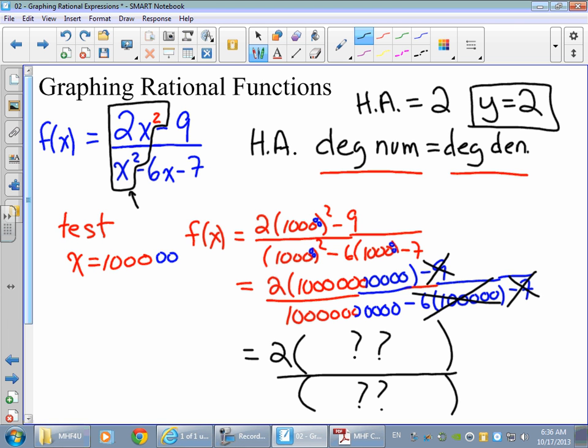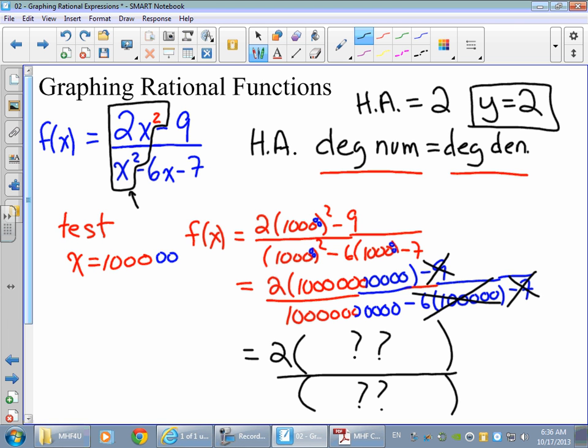Horizontal asymptote is only saying what happens as we get out to those extreme numbers. Vertical asymptote is not the same at all. Vertical asymptote is an illegal mathematical operation going on, and so we never actually cross a vertical asymptote.